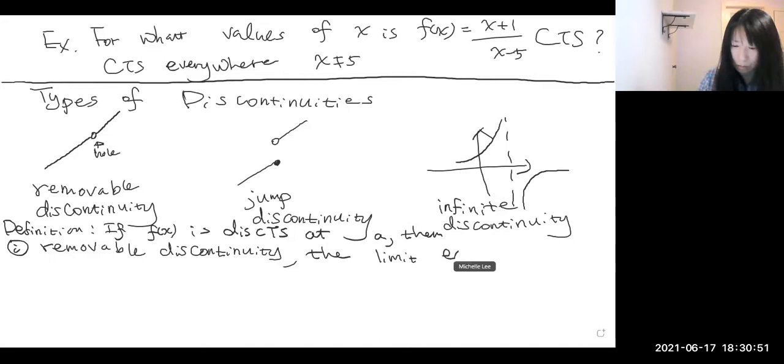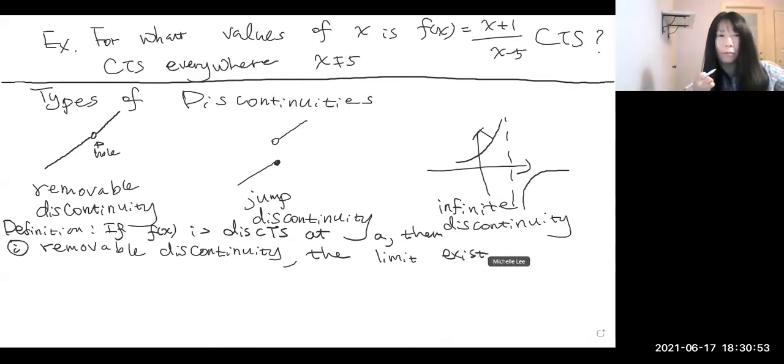We know that, right? From the left, the number. From the right, the number. We did that earlier, right? So agree, limit exists? Yes or no?